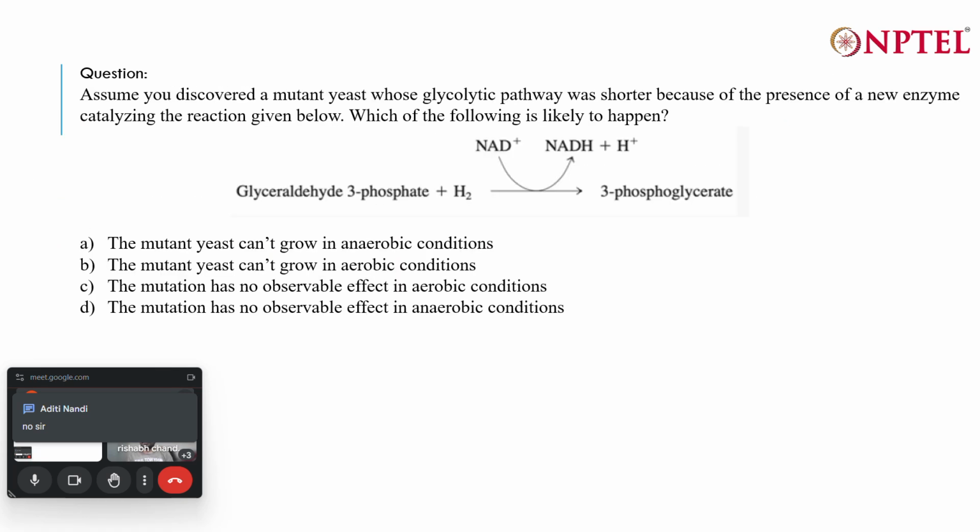Assume you discovered a mutant yeast whose glycolytic pathway was shorter because of the presence of a new enzyme catalyzing the reaction given below. Which of the following is likely to happen? So glyceraldehyde 3-phosphate plus hydrogen gives 3-phosphoglycerate and it yields NADH. Okay.